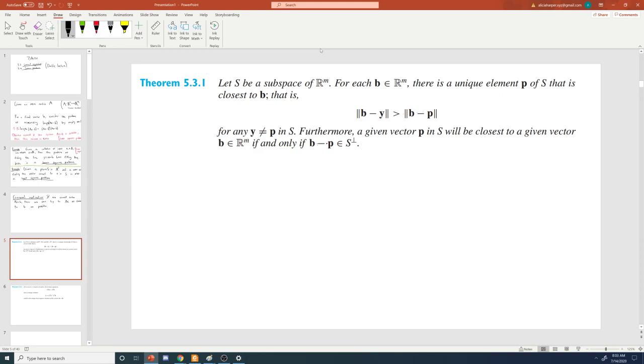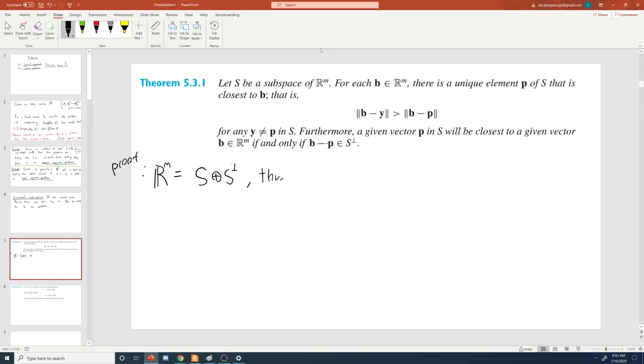Here's how we're going to approach this. We're going to use the following fact for our proof: Rm has a direct sum decomposition, the direct sum of S plus S perp.